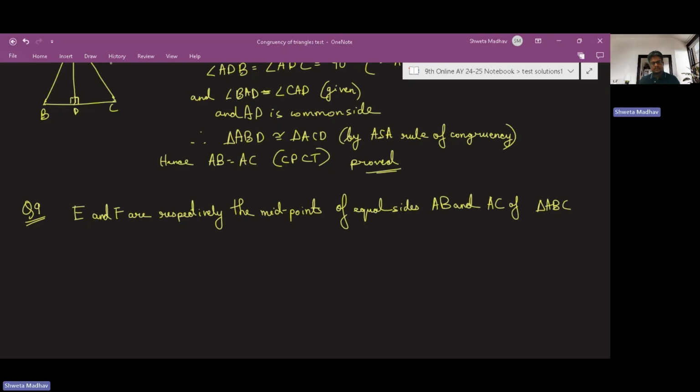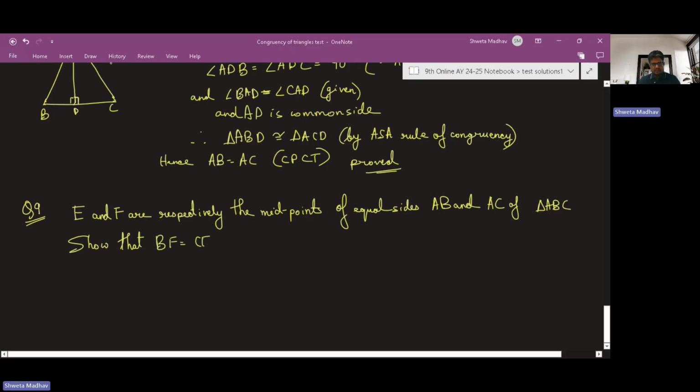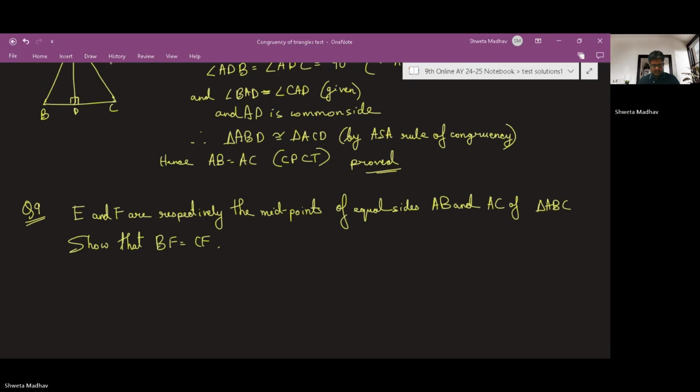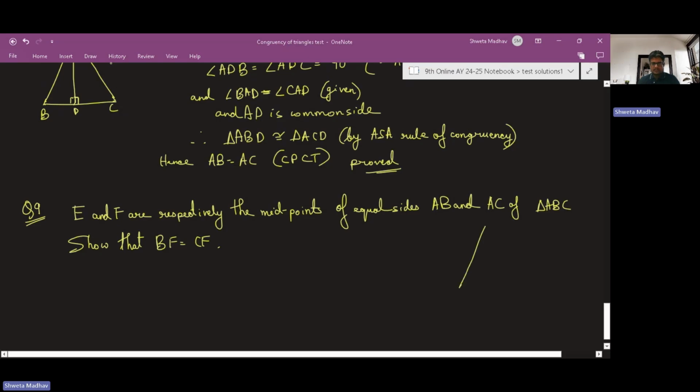The figure is formed. Then we have to show that EF is equal to CB. Now the triangle given is like this.